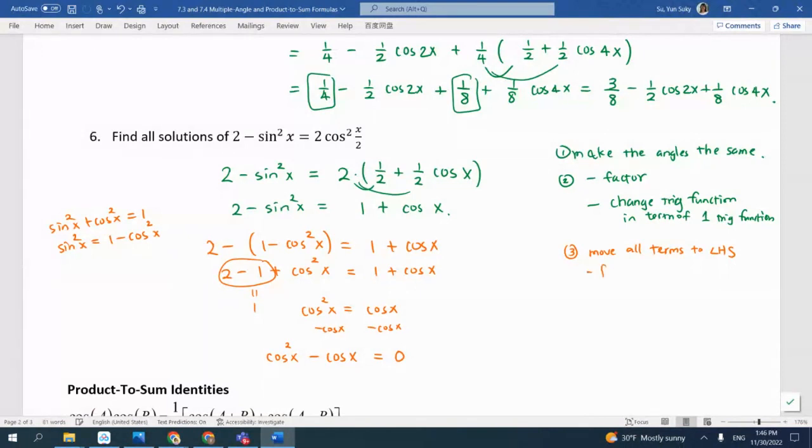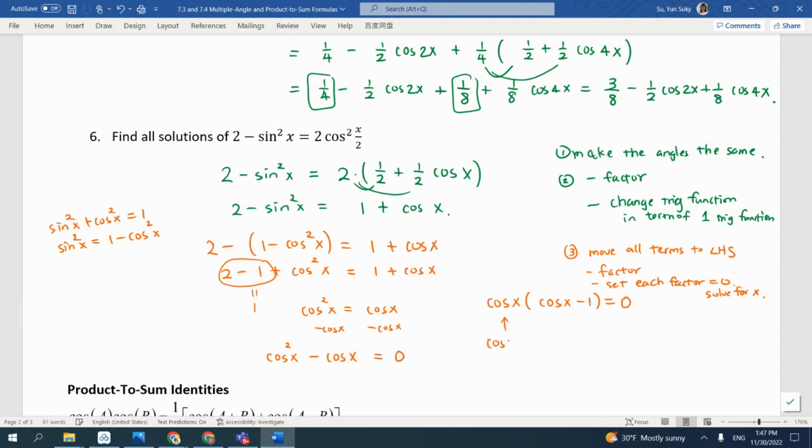Can we factor? Yes. What's the common factor? Cosine x. What's left? Once we factor it, we can set each factor equal to 0, and we solve for x.